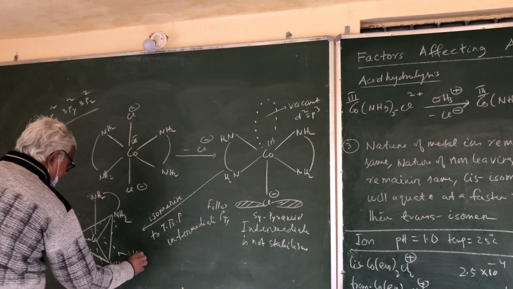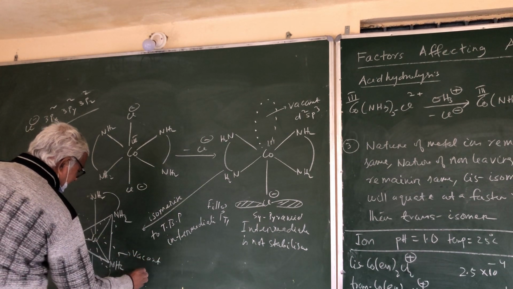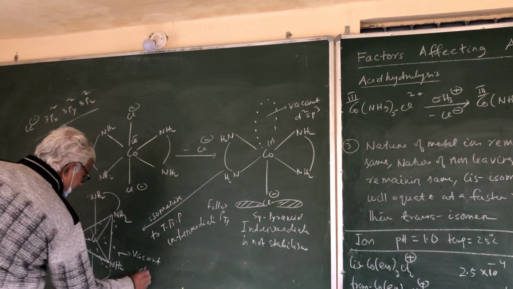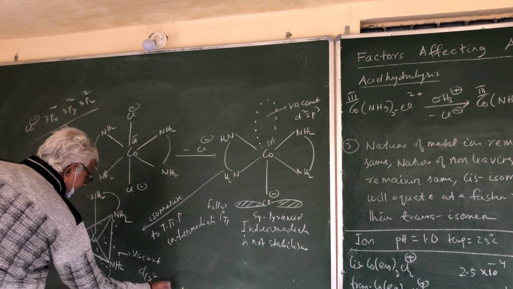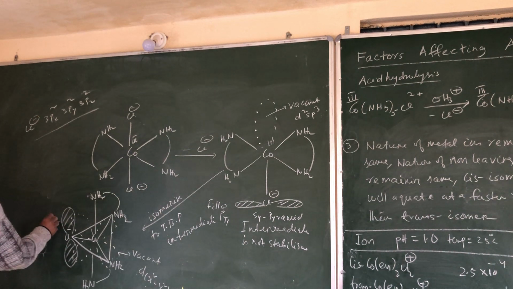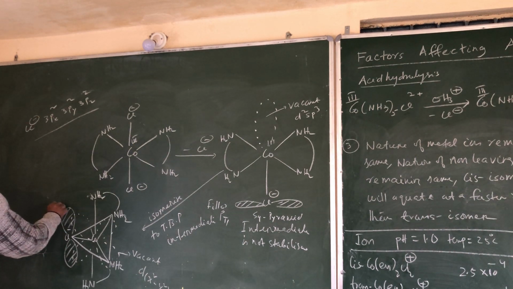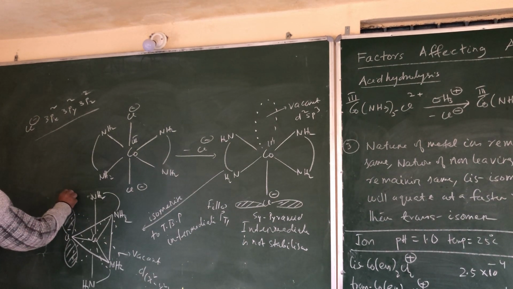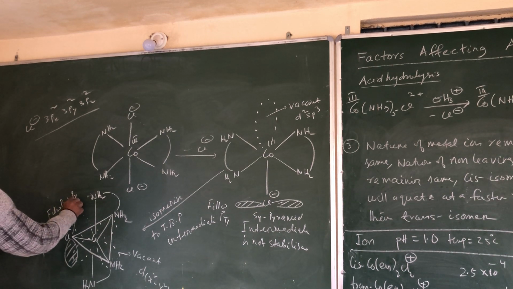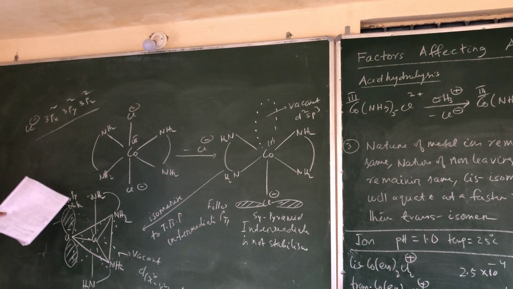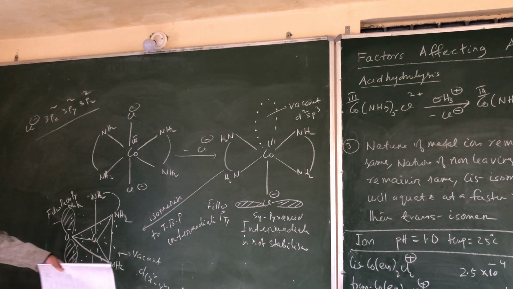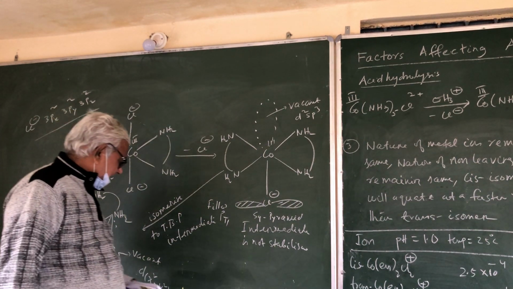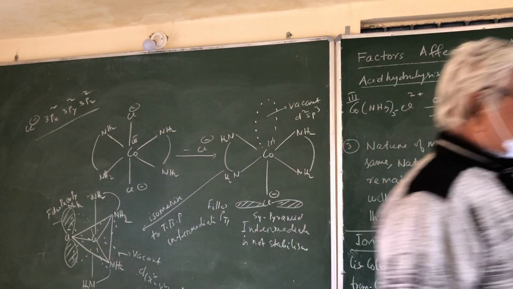This is the vacant dx square minus y square orbital. This is the filled px or py orbital. So the filled px or py orbital can overlap with the vacant dx square minus y square orbital of the metal.